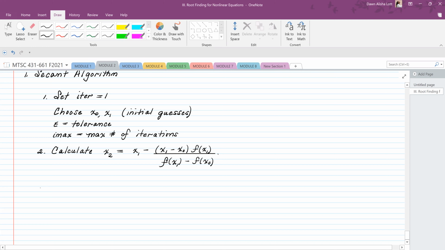Now we'll check if the absolute value of x2 minus x1 is less than our epsilon tolerance, then the root is equal to x2, and we exit. And we will print, as I said before, what we found.